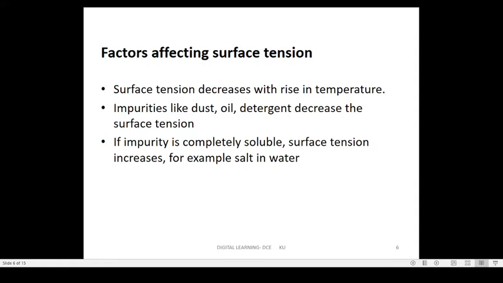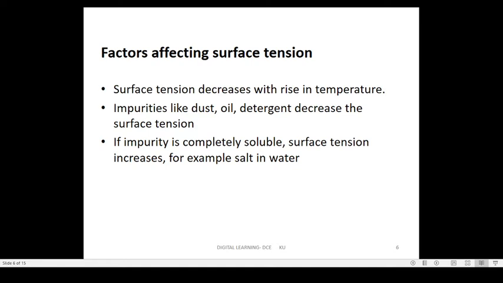The factors affecting surface tension are temperature, etc. So now we have to see what is the effect of temperature on the surface tension and the effect of impurities, addition of impurities like dust, oil, detergent, etc. on the surface of the liquid.